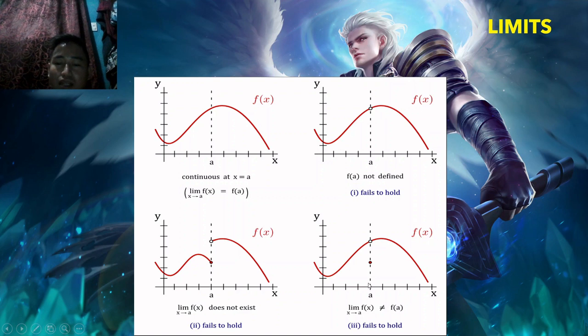Then for the other point, it is piecewise, so we pick another value at that point. For example, the graph goes straight to 10, but the value at x equals a is 5. So the function is not continuous at this point because there is still a hole. So the function still does not continue here. Okay, so it is not continuous there.